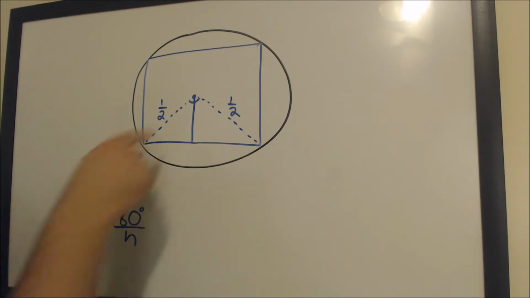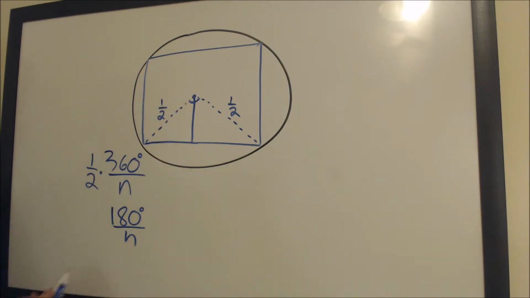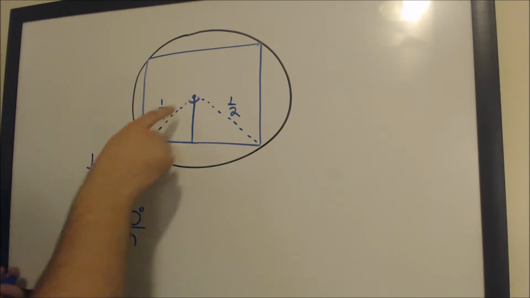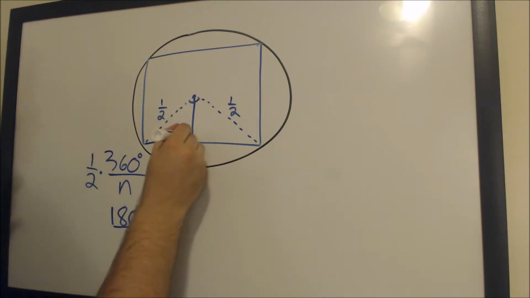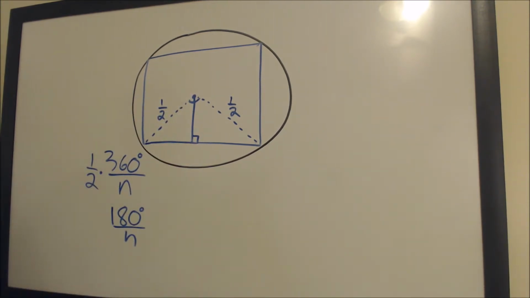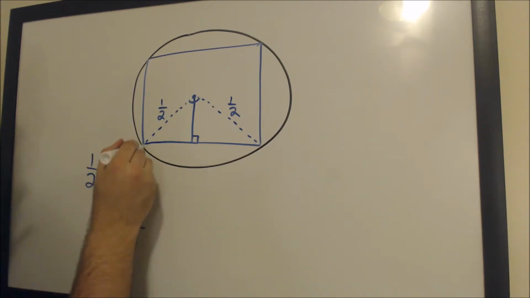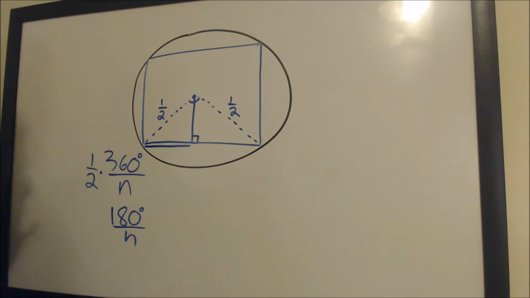So that tells me this angle here. Now I already know this angle. I know the hypotenuse of my right triangle. So that means that I can use trigonometry to find how long this section here is.